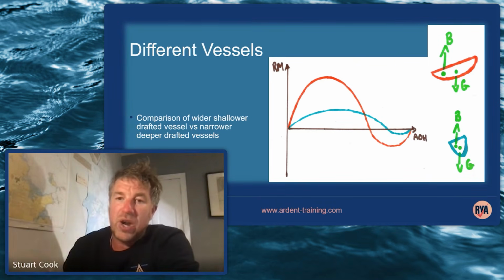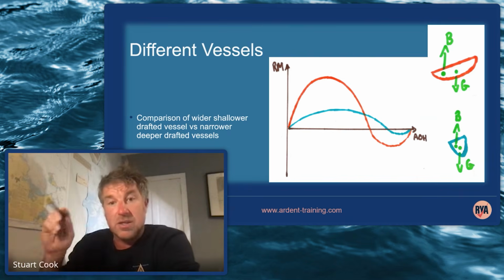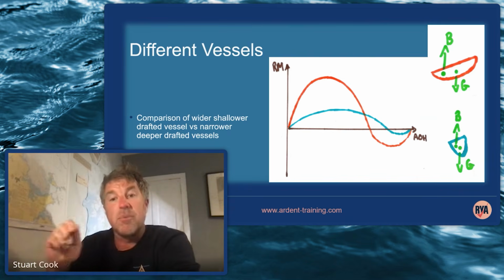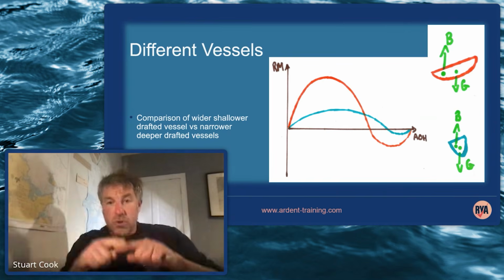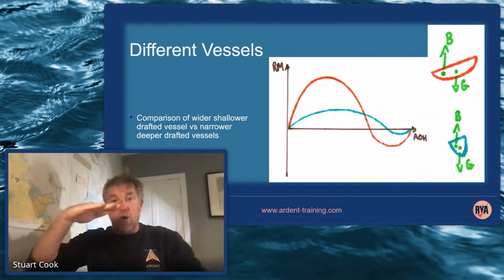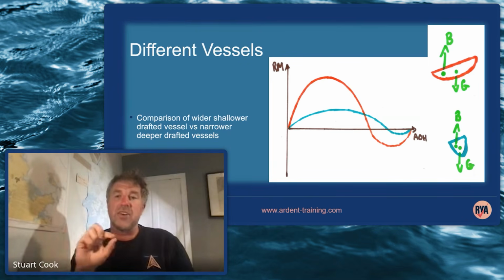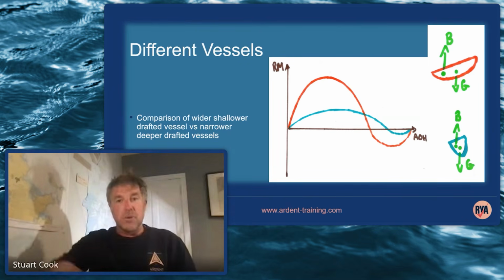If we look at the 2 right-hand bits of the curve where there's the negative righting moment, the area between that blue smile and the horizontal axis is a tiny little area, whereas the red one is much bigger.